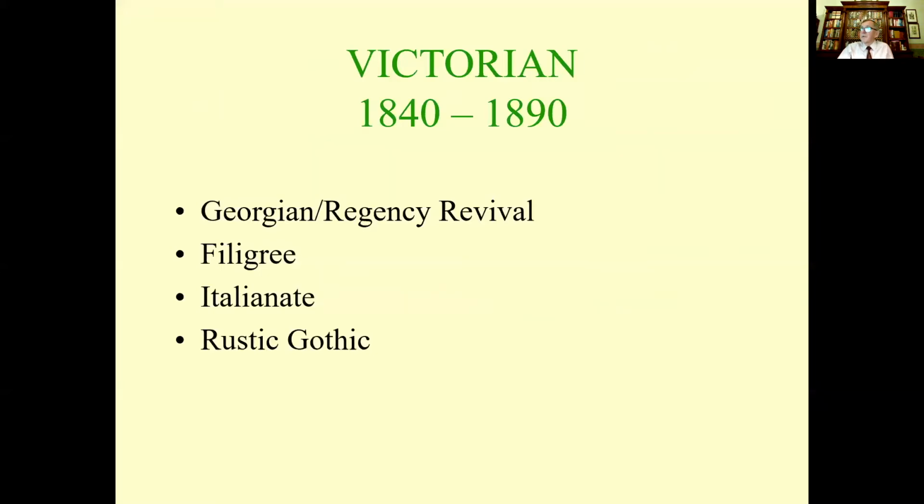Now, in the Victorian period, there was still a carryover at the very beginning of the Georgian and Regency architecture from Britain, and we'll see some examples of this in a moment. And then the other three broad styles of housing in the Victorian period were the filigree ones, so-called, and I'll explain what that means, the Italianate and Rustic Gothic, not necessarily in chronological order.